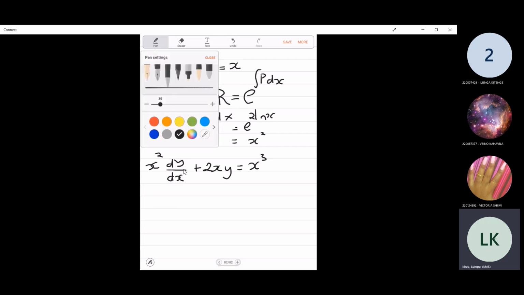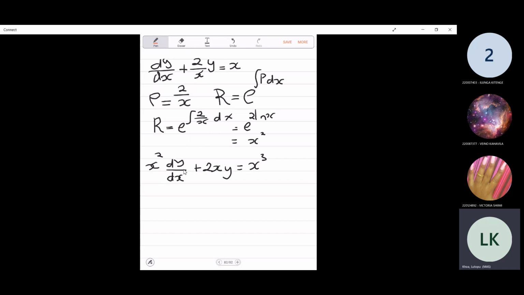So this looks like it's in the form v u prime plus v prime u. And as we know, this is the product rule. So I could always write it as vu prime like this, because I have a function multiplied by a derivative, plus the derivative of this function multiplied by the first function as it is.